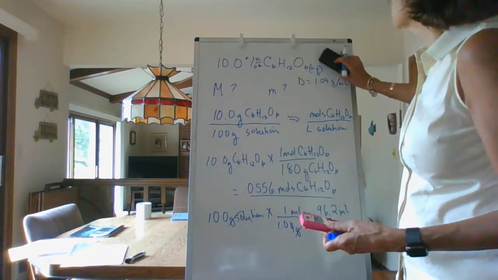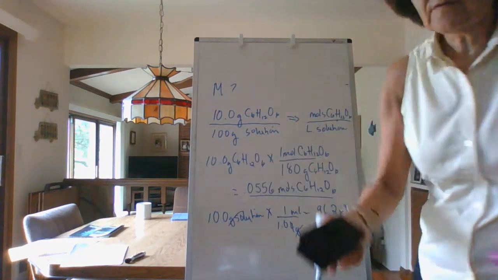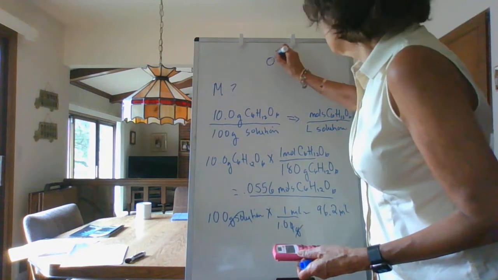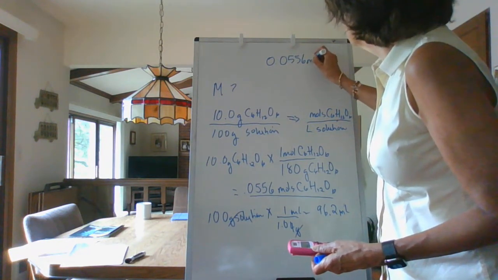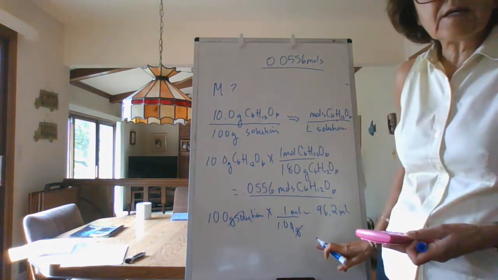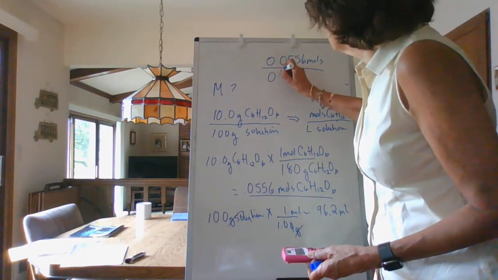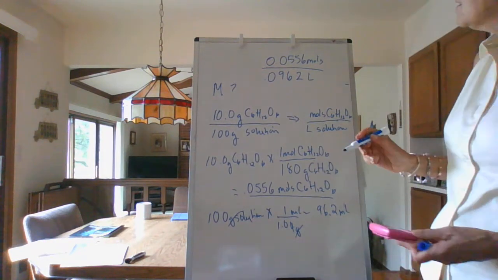Let me erase this for now here. I'm going to put my moles, which is 0.0556 moles. And then I'm going to take my volume, but I'm going to put it in liters. So 0.0962 liters. You guys see what I did?